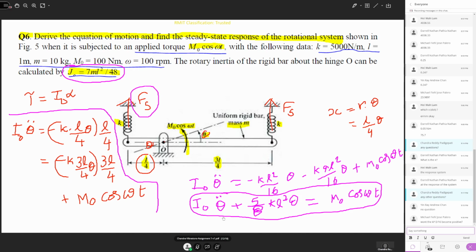You can calculate this value because mass and L are given, so you can calculate the mass moment of inertia, the rotational inertia. How much will this J naught be?